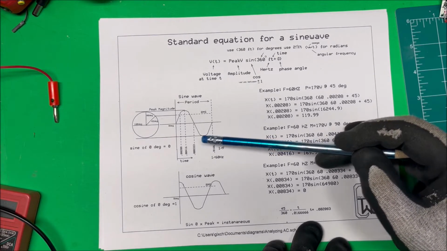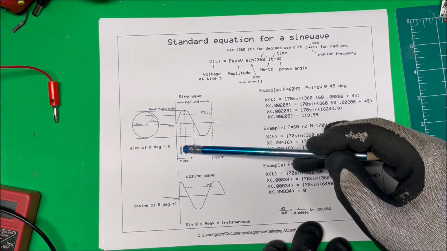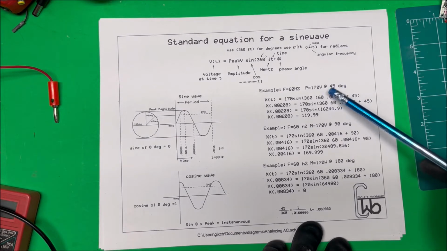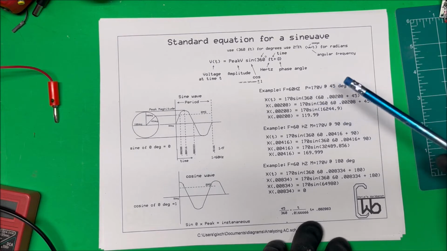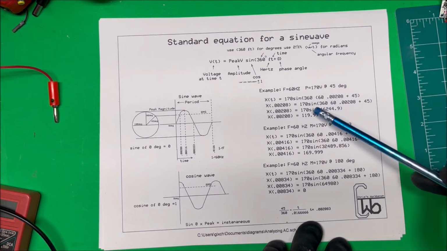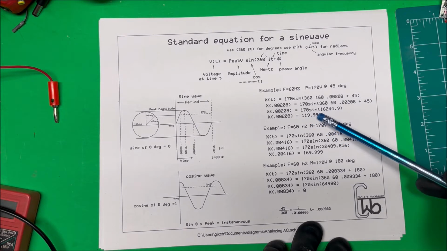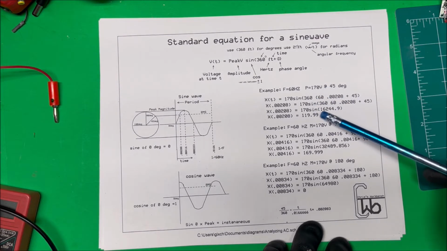At 45 degrees it's going to be 0.00208 seconds. So we take 60 times that, add our 45, and multiply by our 360, and we get this number here, and we take the sine of that and multiply by 170, and we get 119.99 volts, 120 volts. So that's our standard voltage here, 120, and our peak is 170 volts.